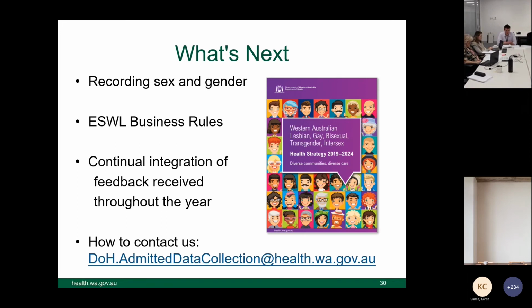So while sex is about sex characteristics, gender is about identity, expression, and experience. Current practice is to record sex at the time of presentation to the hospital or health services. It's not necessarily the sex assigned at birth. So longer term, we're keen to see both sex and gender captured in WebPAS.